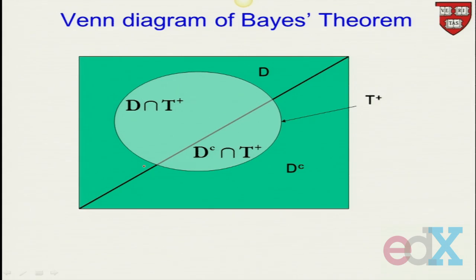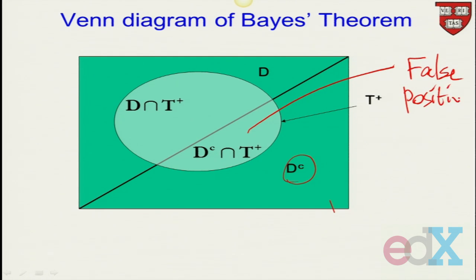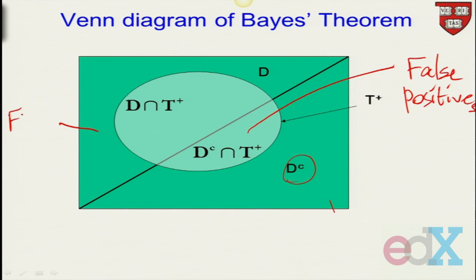So this is what it typically looks like. We've got people here who test positive who are not diseased. We call these false positives. They shouldn't be testing positive. They should be testing negative. And what about these guys out here? They're not testing positive, and they have the disease. So these are false negatives.